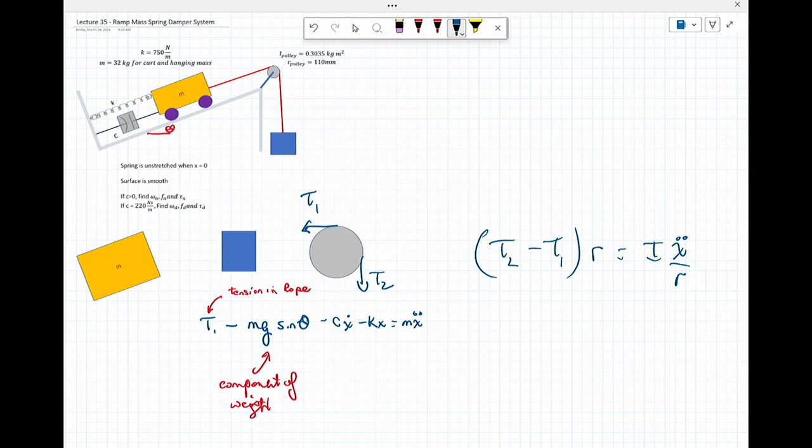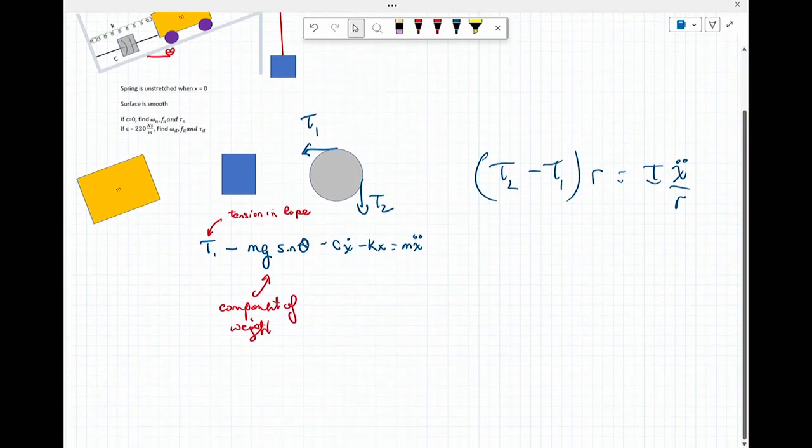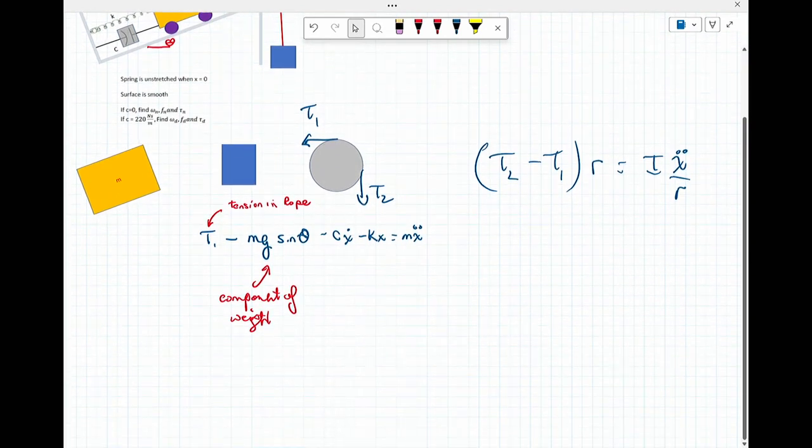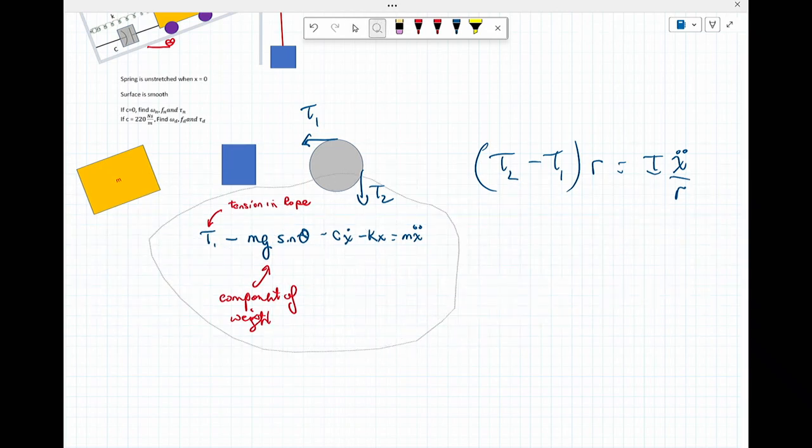I have x double dot that I need to deal with, I have the component of weight, and I also have one case where Cx dot is equal to 0. Sorry, I'm going to move things because I'm getting better at this.